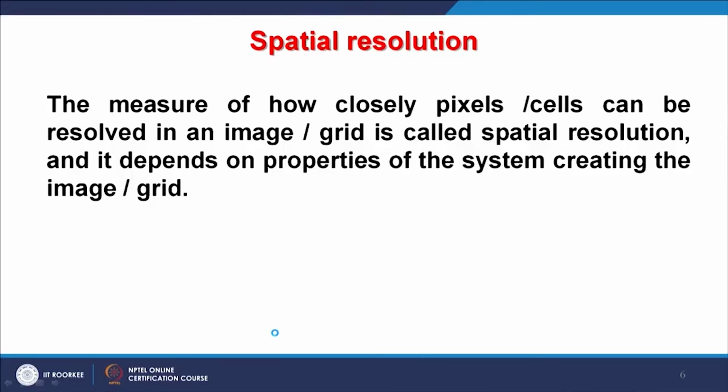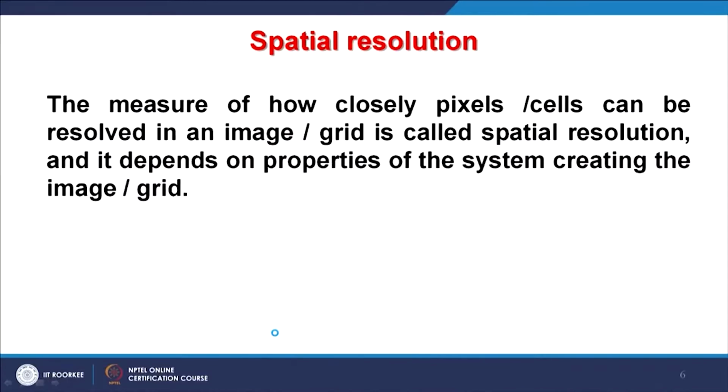Now, I mentioned the spatial resolution. This is a common definition for image as well as for grid: the measure of how closely pixels or cells can be resolved in an image. That means how I can identify different objects in two adjacent cells or pixels. It depends basically on the properties of the system which is creating the image or grid.